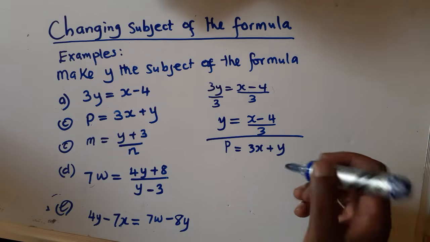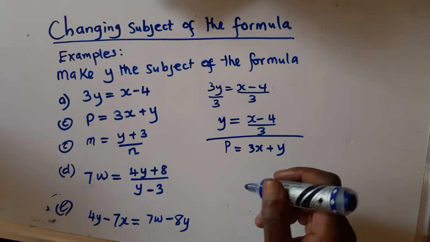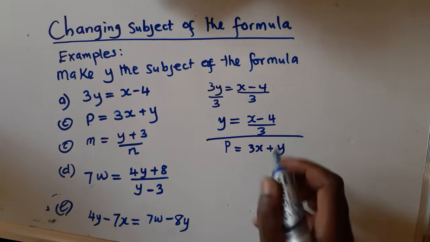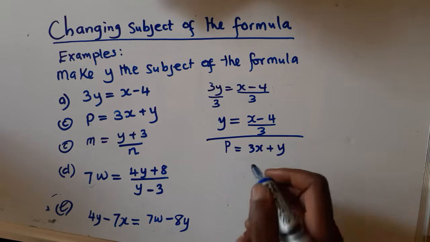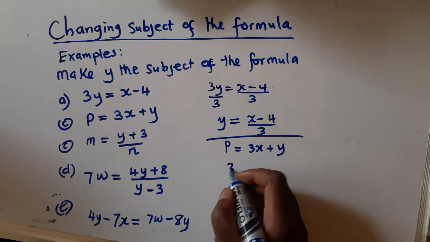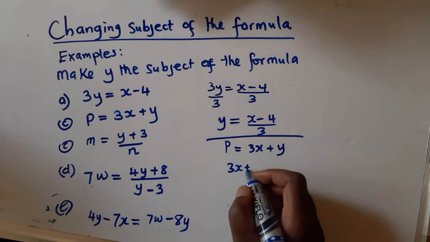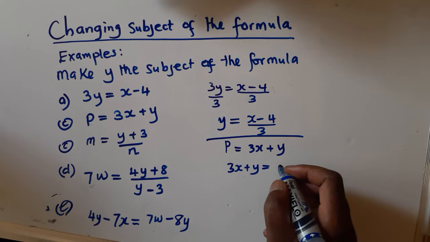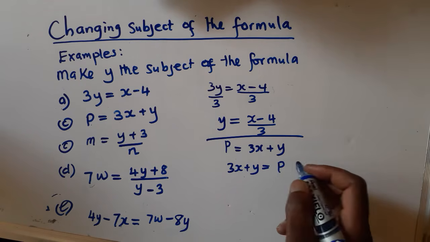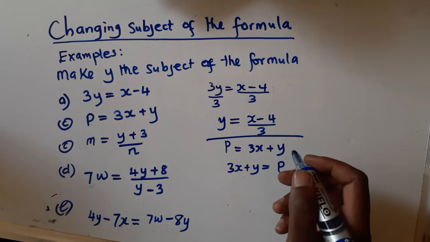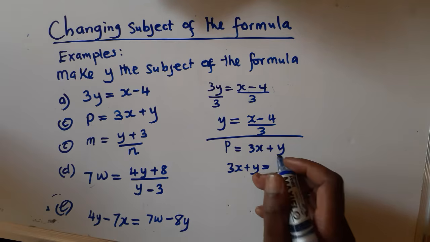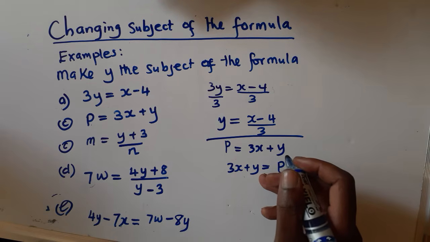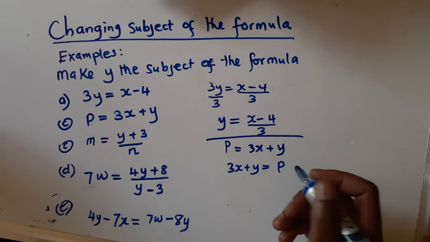Okay? So what are we going to do? The next step that we can do, just for convenience, is to say 3x plus y is equal to p. I've just swapped them. It's easier to solve when you have what you want to make the subject of the formula on the right or on the left hand side.